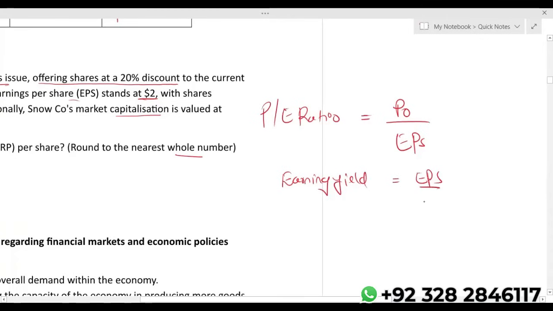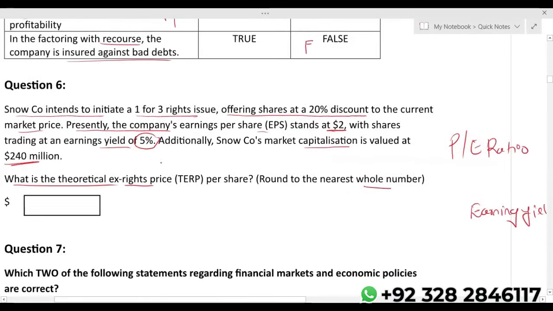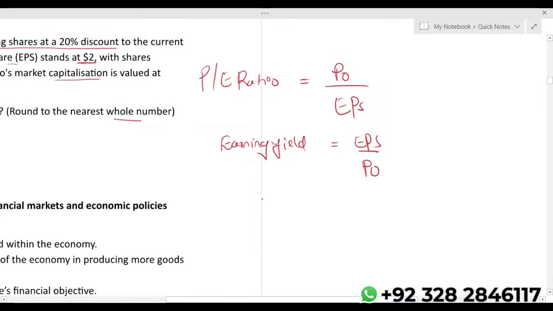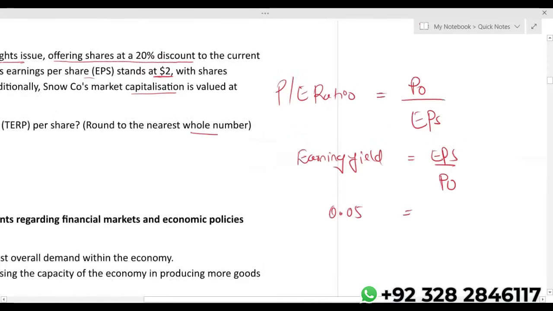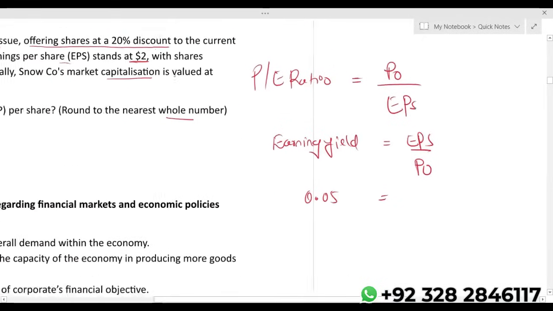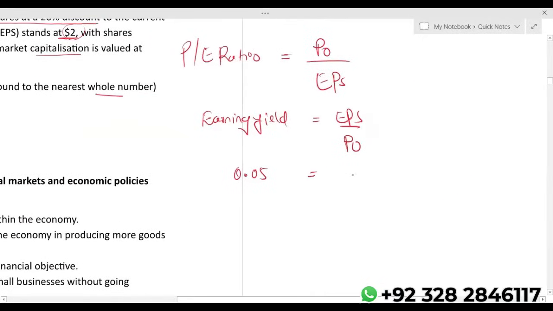It means EPS upon P0. Now, earnings yield the examiner is giving us is 0.05, because it is 5%. They're also giving us EPS, which is 2.